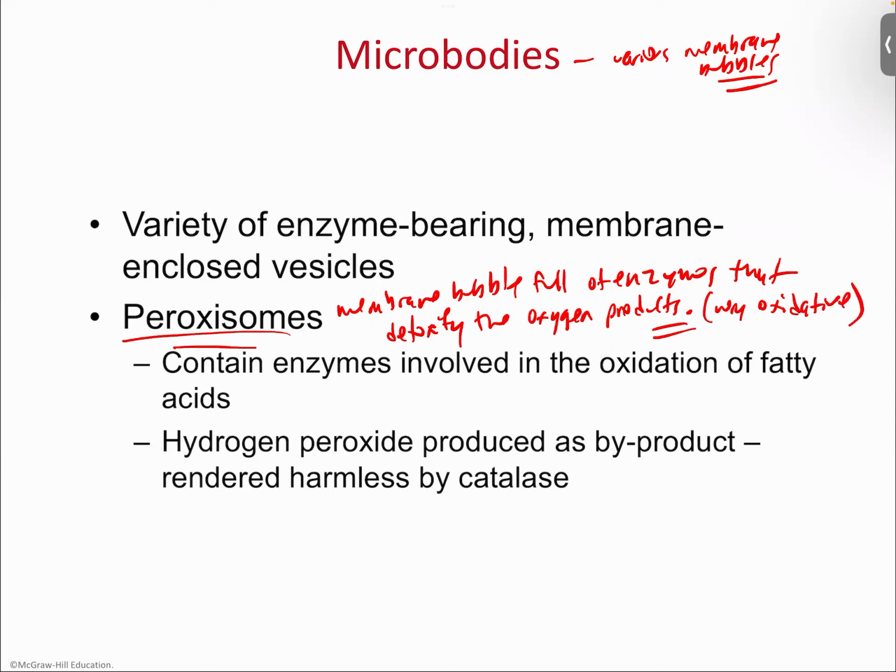And also oxidation of fatty acids. So this is basically the breakdown and use of fatty acids. Yeah. That's like non-oxidative or very oxidative? It's very oxidative. So these byproducts are very oxidative. Okay. Yeah.